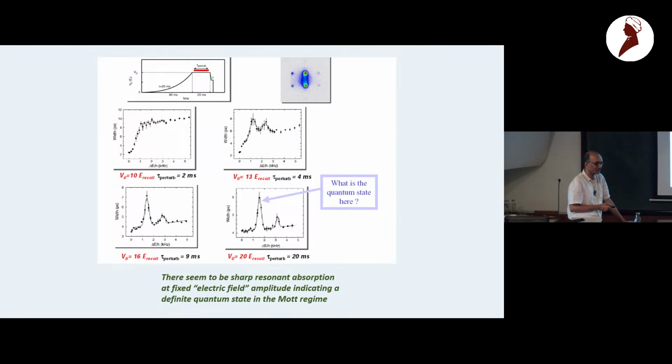and then again they drop the trap and everything and measure the momentum distribution. The idea is that if the bosons, while being in this state, have absorbed some energy and got into some excited state because of this perturbation, then when it comes to this superfluid state, it's going to retain that energy, and therefore its atoms are not going to be at k equal to 0, but at some finite k.